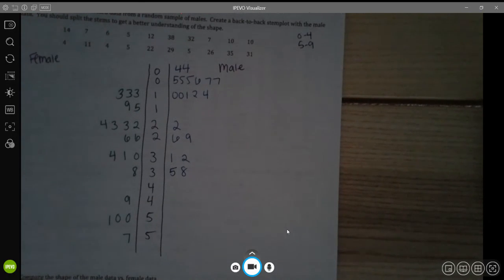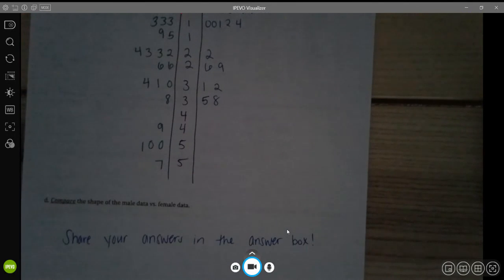You'll also want to compare the shape. Then you can talk about maybe some unusual features, and the center and the spread, and we'll do those more informally than we will with the shape. But make sure, again, you're using the comparison words. Then share your responses, and you can read what your classmates have said. Okay, answering part D down here. That's the end.